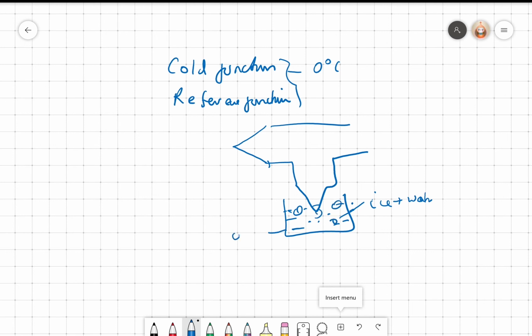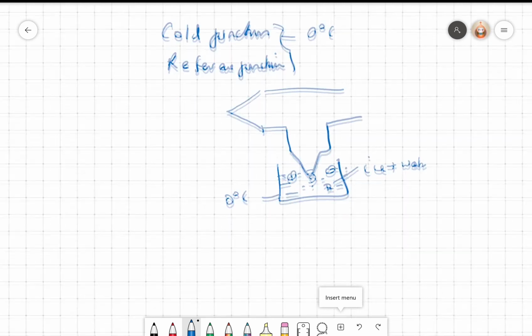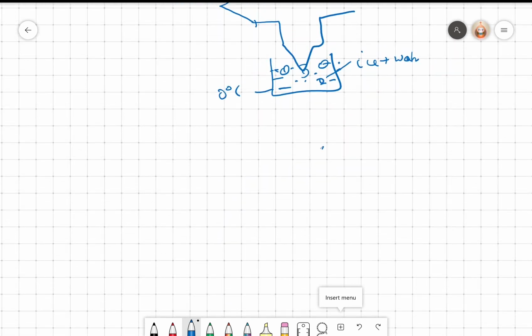So this will be exactly at 0 degrees centigrade. Or we can also take the measurement and add the 0 degrees centigrade voltage. In the past, this 0 degrees centigrade voltage was developed using a bridge circuit. So you can look at the bridge circuit reference junction compensation.